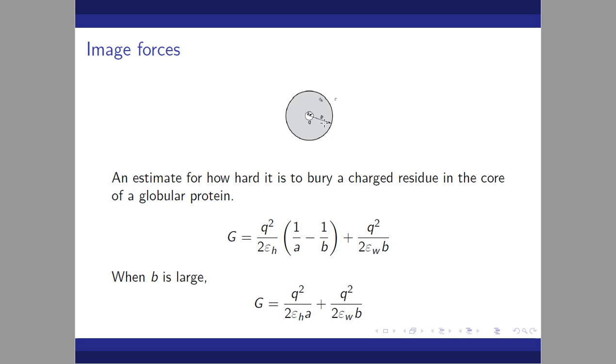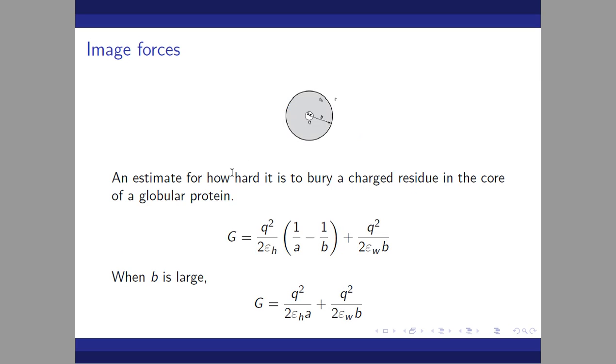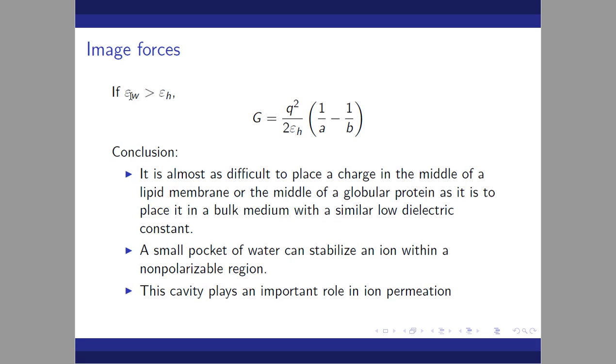If epsilon H and epsilon W are the hydrocarbon and the water, the dielectric of water is greater than the dielectric of the hydrocarbon, so we can rewrite it as this equation.